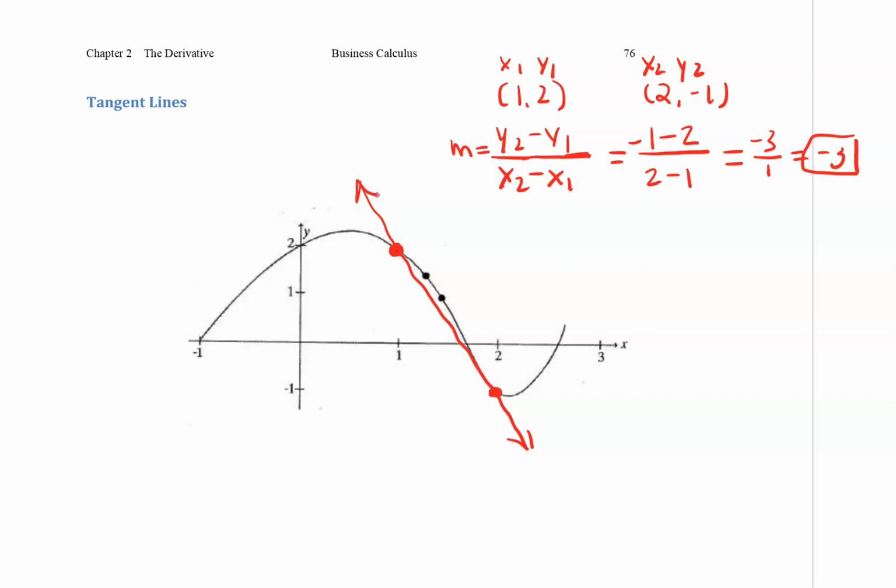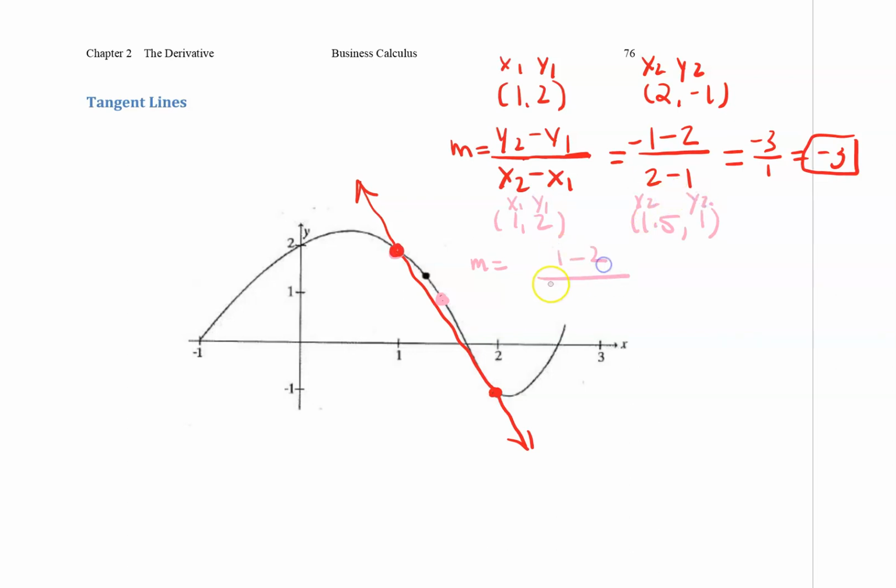Furthermore, let's get closer to it. What if I keep our same point (1, 2) and get a little bit closer, looking at (1.5, 1)? I'm going to do my slope formula again: x1, y1, x2, y2, and subtract.